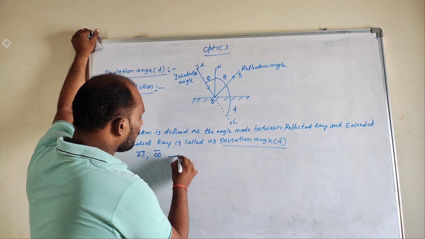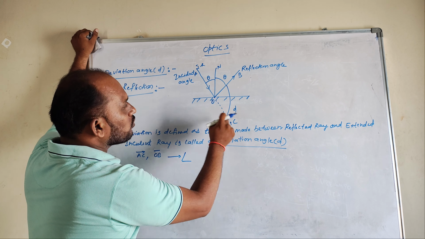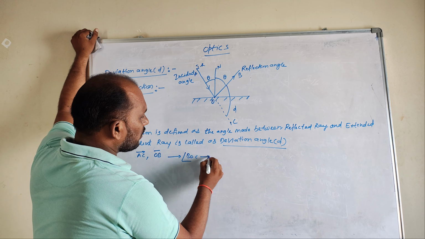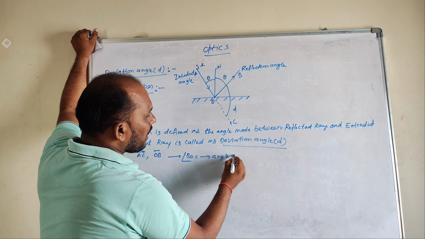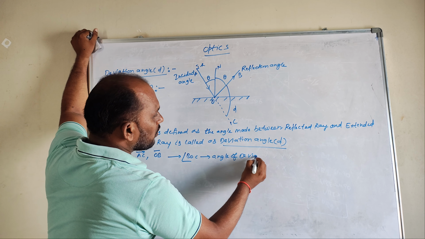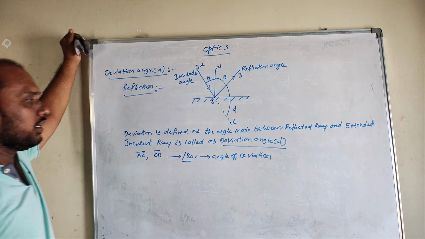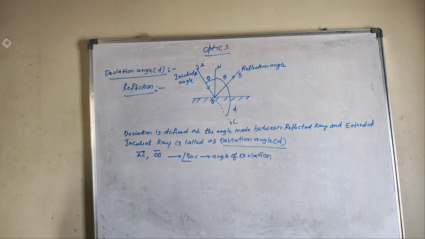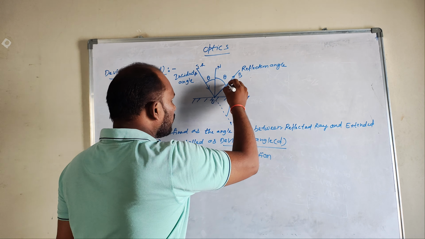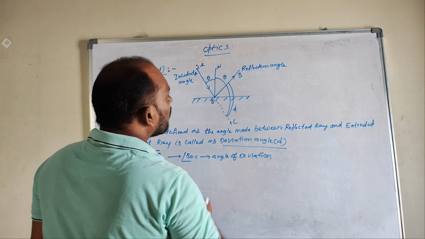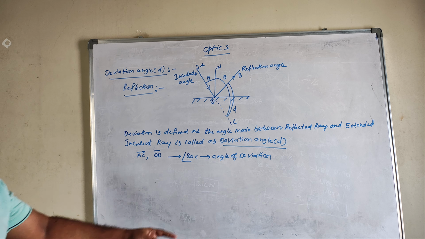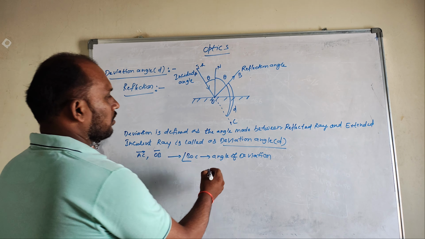So let us say angle BOC. Angle BOC is called the angle of deviation. So people understood, this is called the angle of deviation.